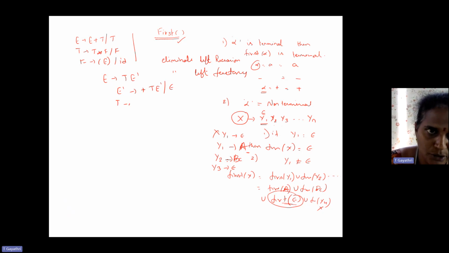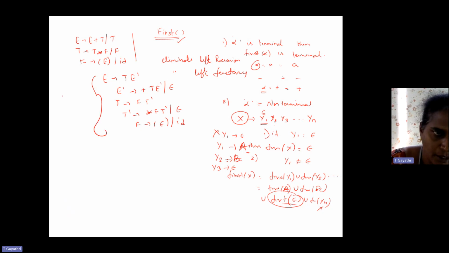T tends to F T dash, T dash tends to star F T dash or epsilon, and F was not there in the left recursion form, so directly we can write it. So these are the grammars after eliminating left recursion.